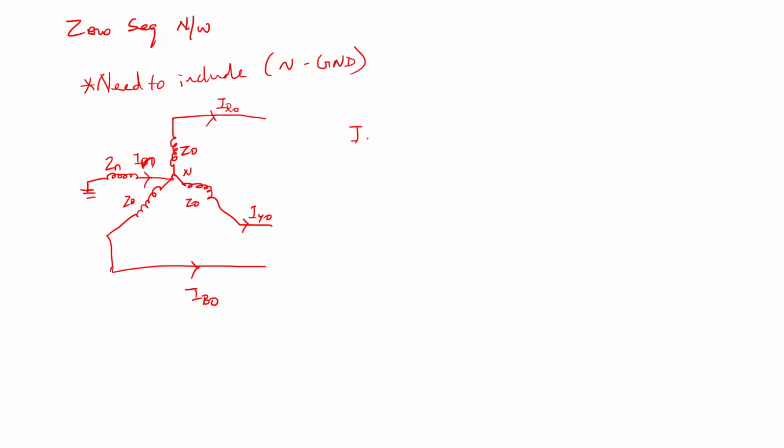IN is equal to 3 times IR0, because we know that IR0 is equal to IY0 is equal to IB0. So if I add all these three, I can write IN is equal to 3 times IR0. Otherwise you can put IR0 plus IY0 plus IB0, both are same. So just think the current flowing here, the neutral current is nothing but the summation of all the zero sequence currents.